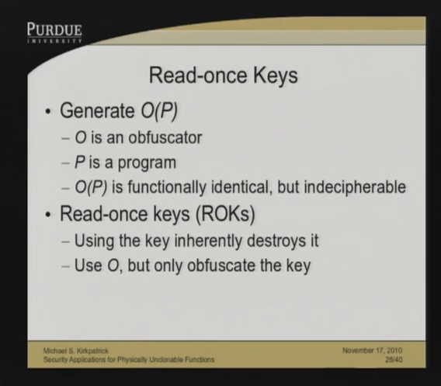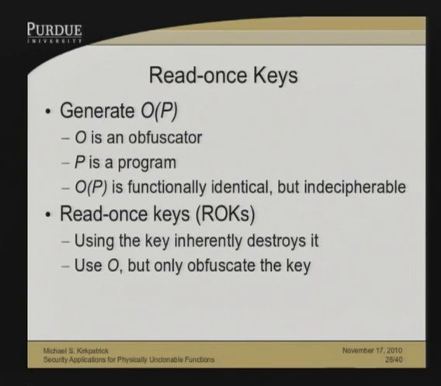So you would have your original key, you obfuscate it, and once that version of the obfuscated key is used, it's no longer valid. If you had a different obfuscated version of the same key, you could use that, but no longer that original version. So the idea here is that you have cryptographic keys that you can only use once. Once you use it to decrypt a message, it's destroyed.